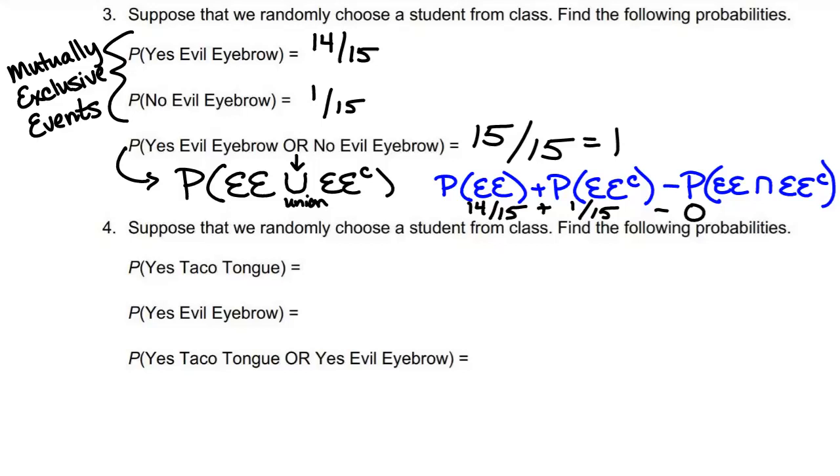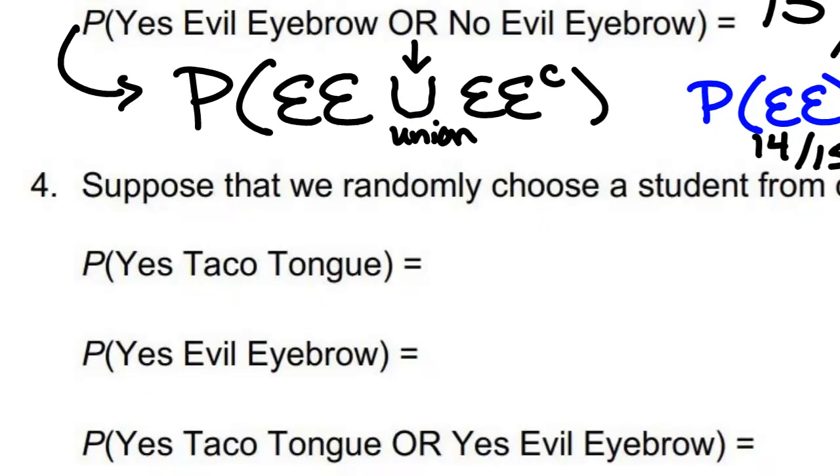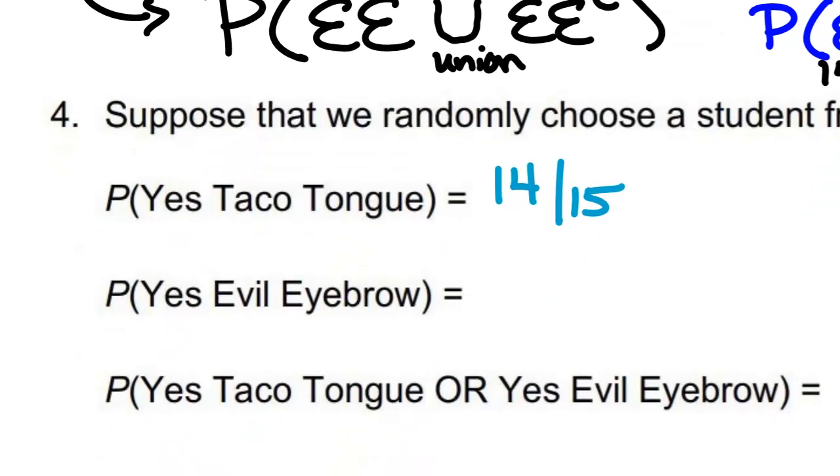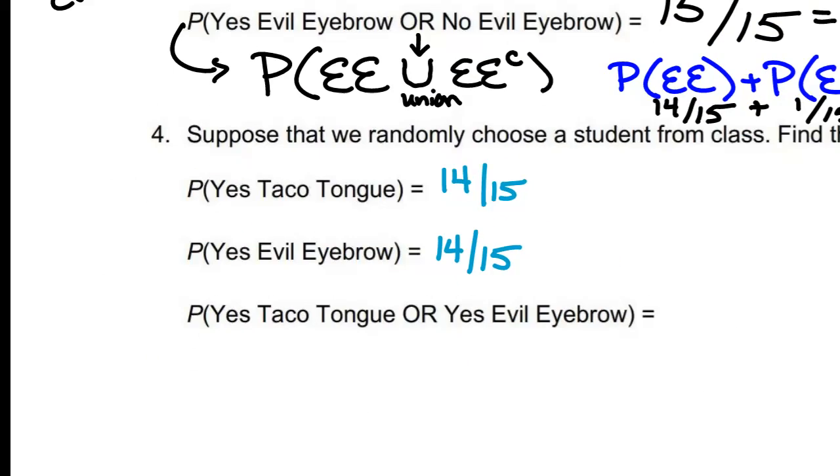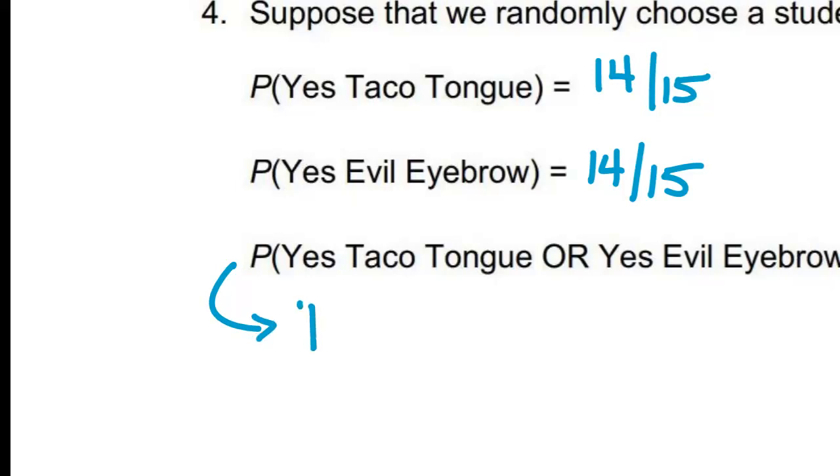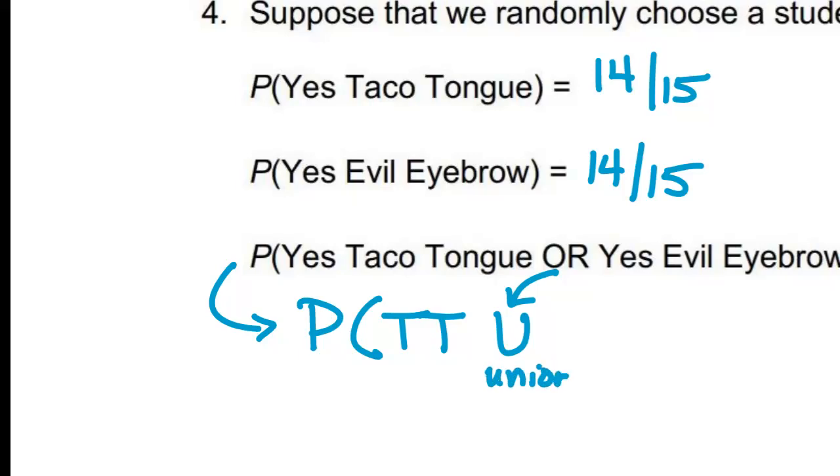Suppose that we chose a random student from class, probability that they can taco tongue: 14 out of 15. Yes to evil eyebrow: 14 out of 15. The probability that we have yes to taco tongue or, my union, yes to evil eyebrow.